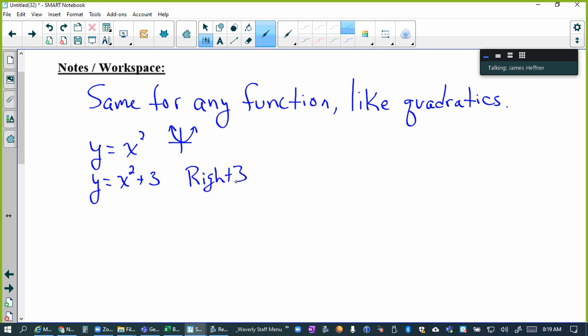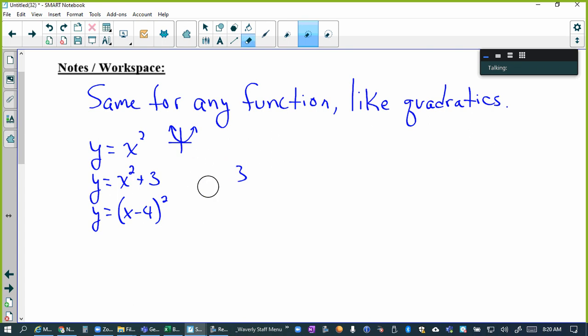Okay. What about y equals (x minus 4) squared? Wait, no, the plus 3 is outside, so it's up 3.